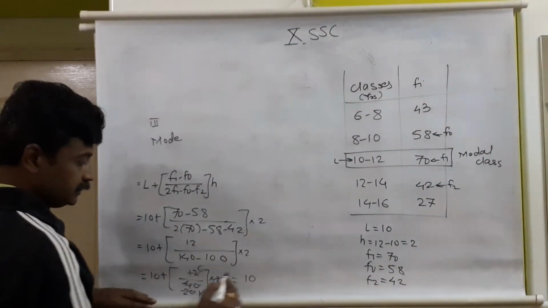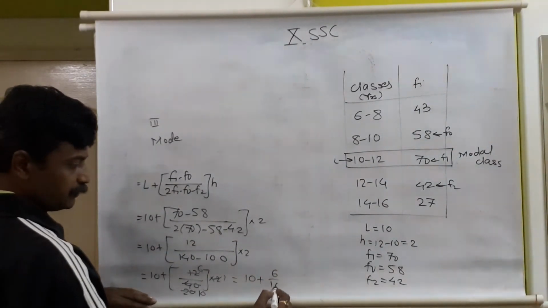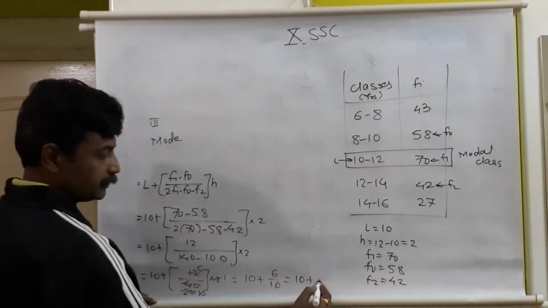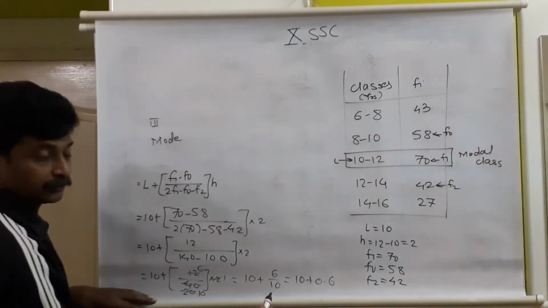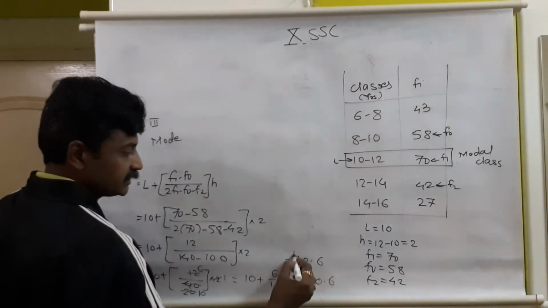So it remains 10 plus 6 upon 10, which can be written as 10 plus 0.6. 6 upon 10 is 0.6. 10 plus 0.6 is 10.6.